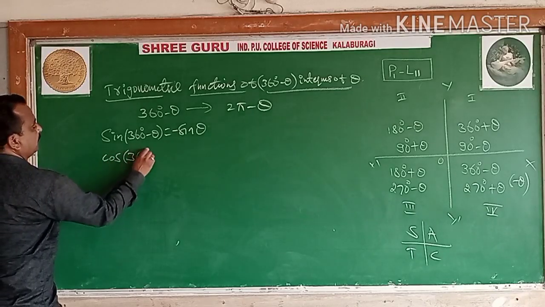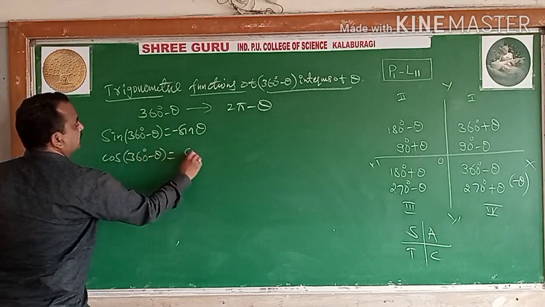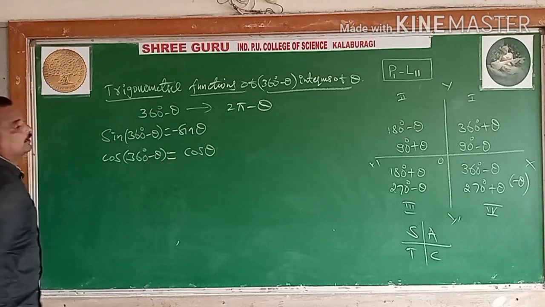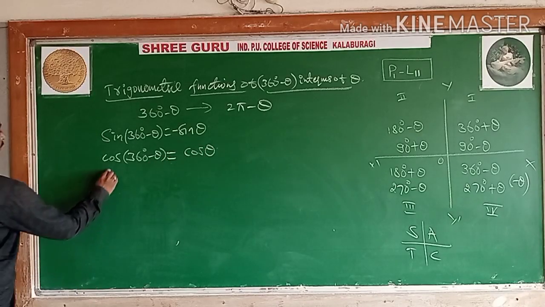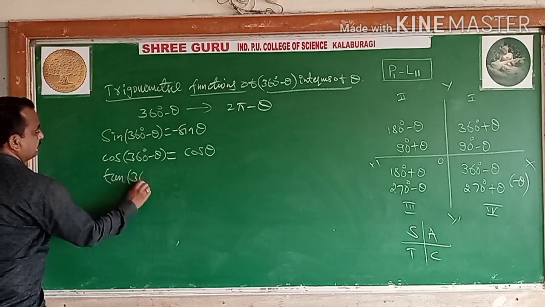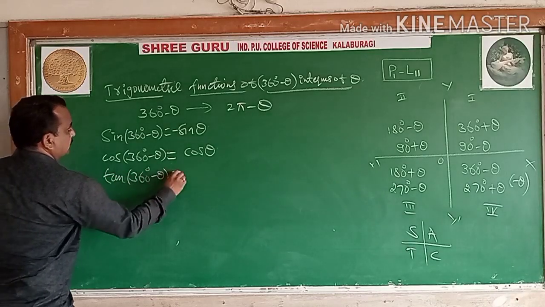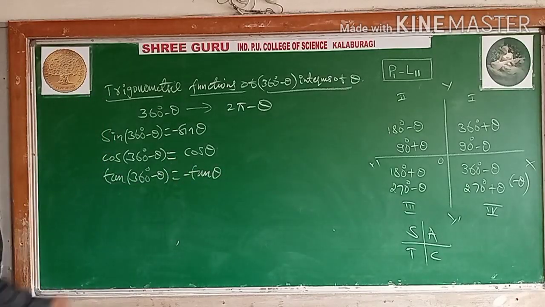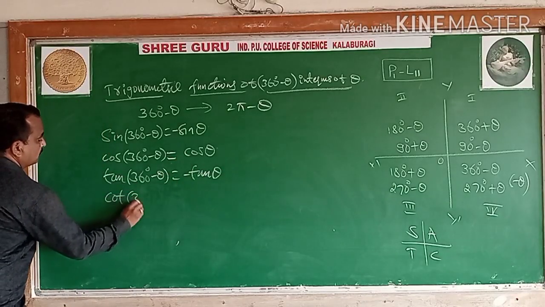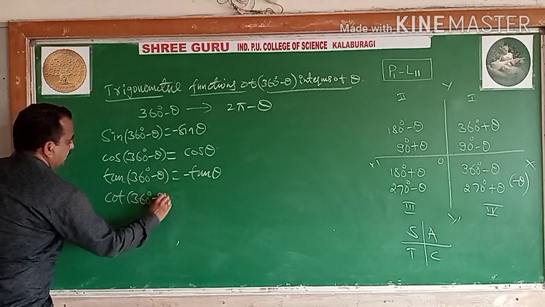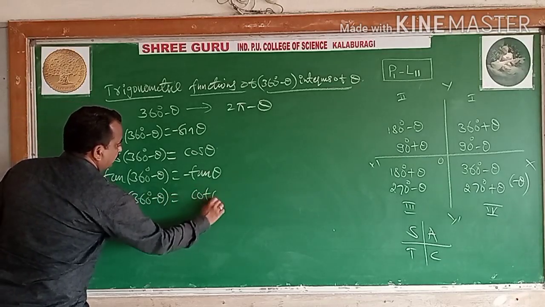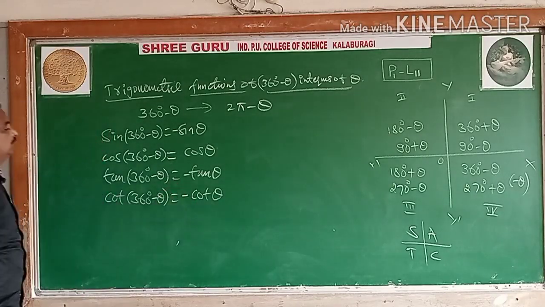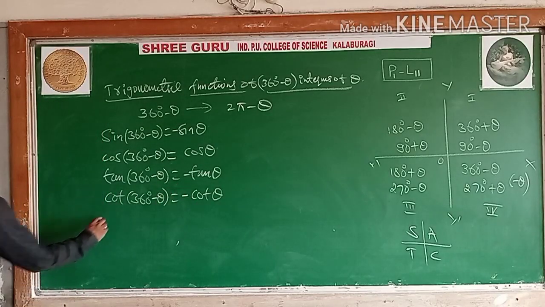Cos of 360 minus theta is cos theta only. It is positive because cos and sec are positive. Tan of 360 minus theta, the function is the same but negative. Cot of 360 degrees minus theta, the function remains the same, but in the fourth quadrant cot is also negative.